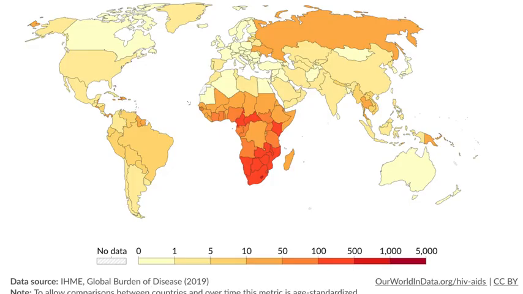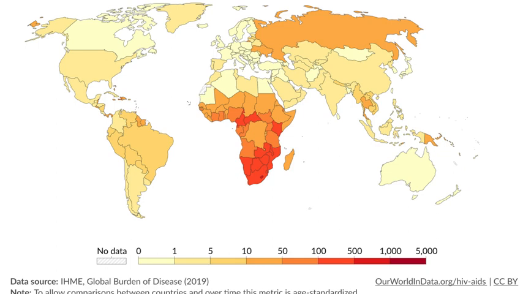So, this is a map of HIV related deaths. This is from the Global Burden of Disease. What this shows you is that the areas that are more affected are, as you can see, South Africa, Asia, parts of South America.